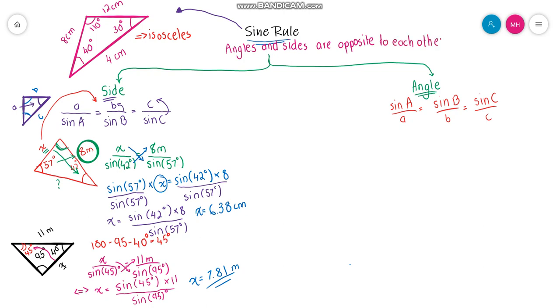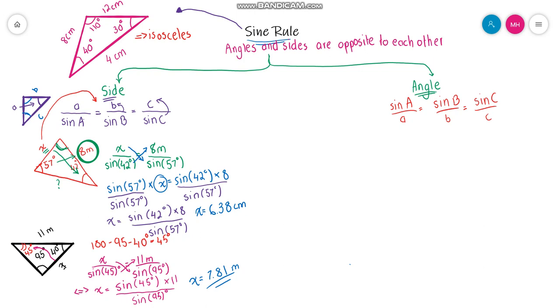This formula basically states that the sine of an angle, which is A, over the side which is opposite to that angle, is equal to the sine of another angle, which is B, over the side which is opposite to that angle. And the same goes for the last angle and last side.